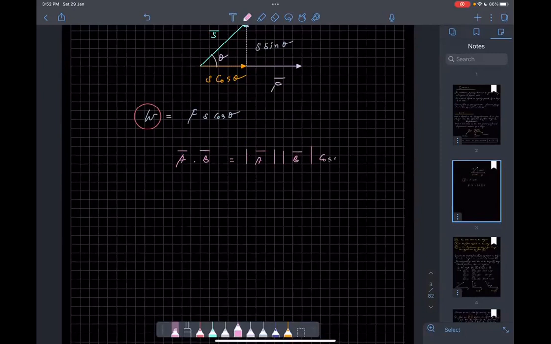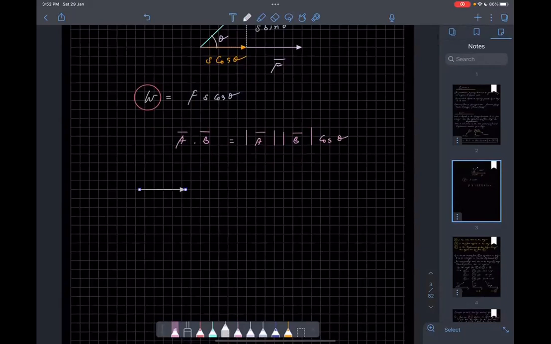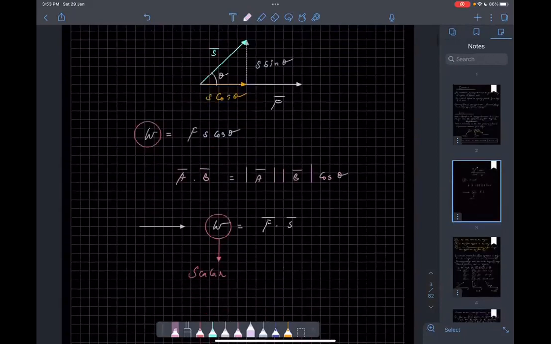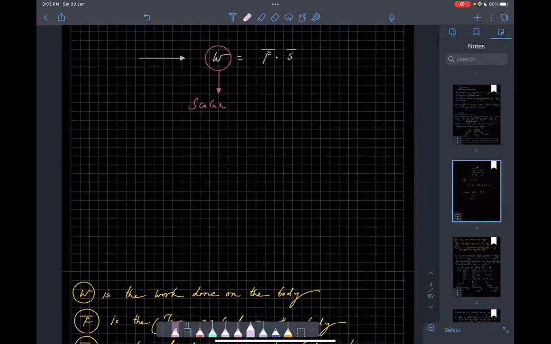So if you compare, W is equal to F bar dot S bar. Now one more thing you remember, that dot product is a scalar product. That's why W is a scalar. But F bar and S bar are vectors. Clear?